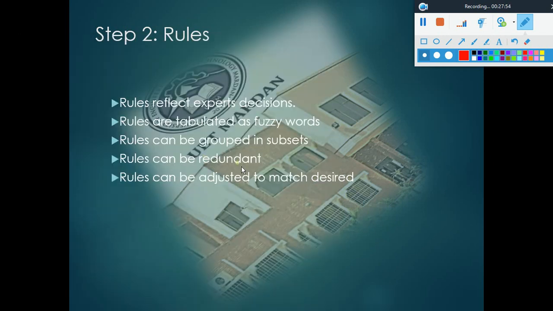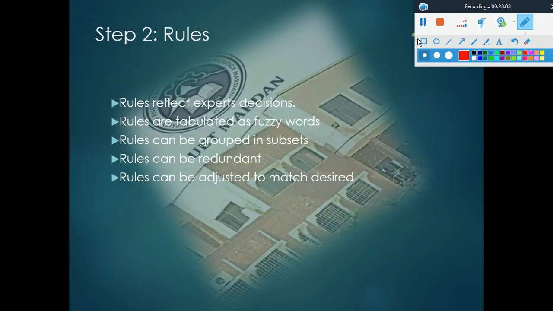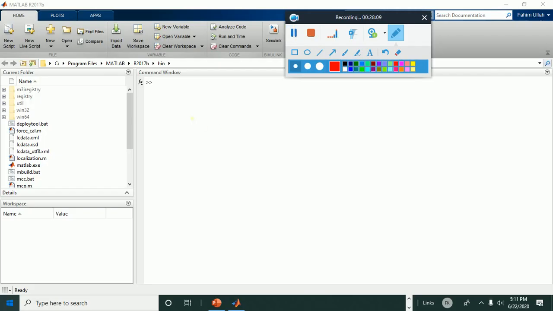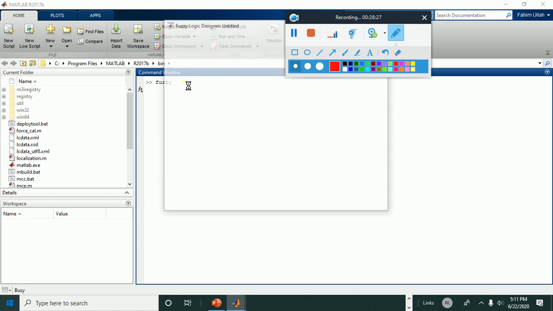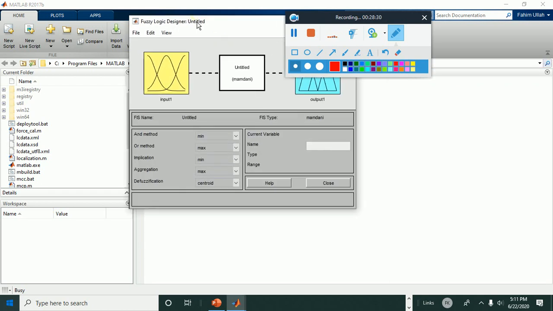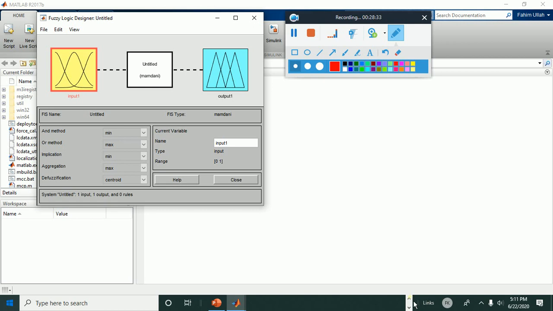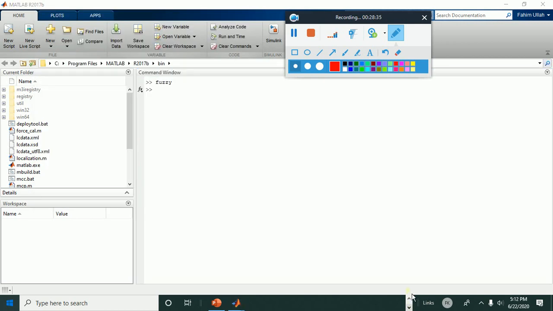I will open Matlab. It will take some time. Now Matlab has been opened, so I will type fuzzy here, and it will open the fuzzy tool in Matlab, where we will implement an example. This is the fuzzy tool, and we are going to implement the example.